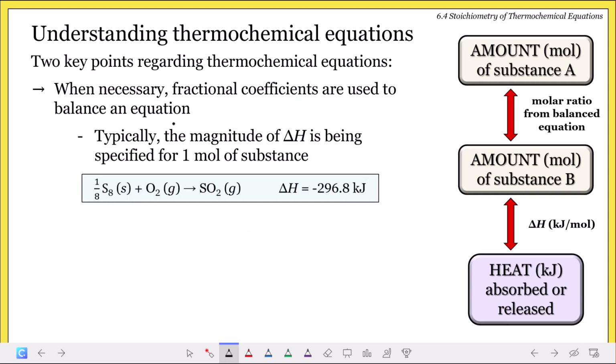We see the formation of sulfur dioxide, and this equation is just trying to represent the formation of 1 mole of sulfur dioxide. We have this 1/8 of elemental sulfur, which is S8, because I'm just trying to say 1 sulfur atom. But I can't write something like this, because the elemental state of sulfur, the substance that's reacting here, is S8.